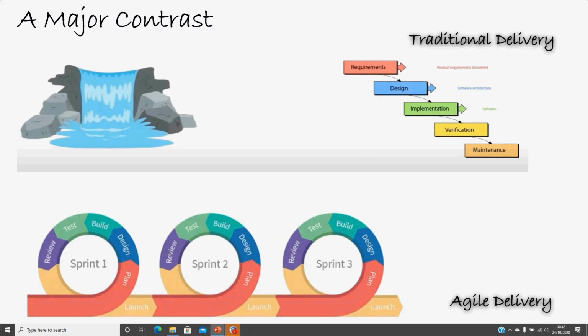There are 5 steps, and your software cannot be used in the requirements phase, because obviously you have just collected the requirement, you haven't even started writing the software. In the next step, which is the design phase, again you are just converting the requirement into a design. You're probably writing the high level design documents, or some other documentation you're doing.